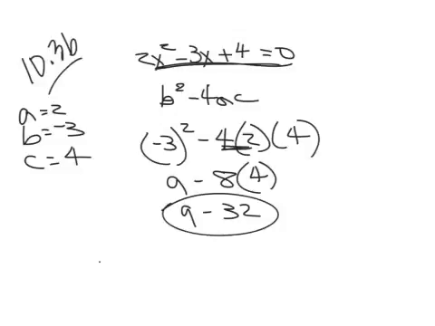All I care about, I don't care what the answer is, all I care about is: is the answer going to be 0? Is it going to be negative, or is it going to be positive? Well, 9 minus 32 is going to tell me I'm going to get a negative answer, right? That's all I care about. So if I look back on page 617 at the bottom of the page, what happens when you get a negative answer?